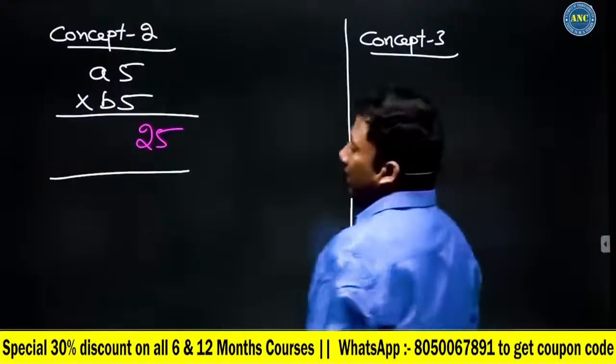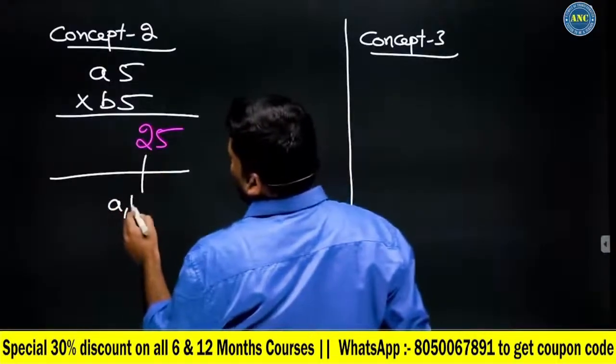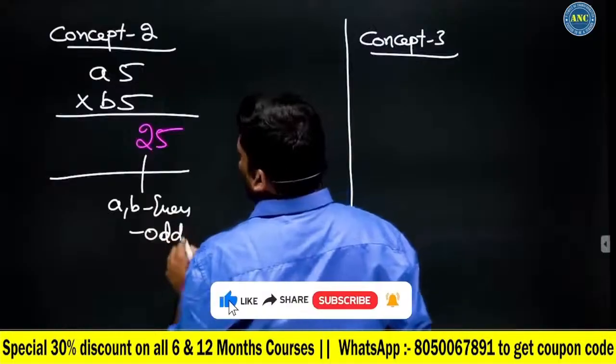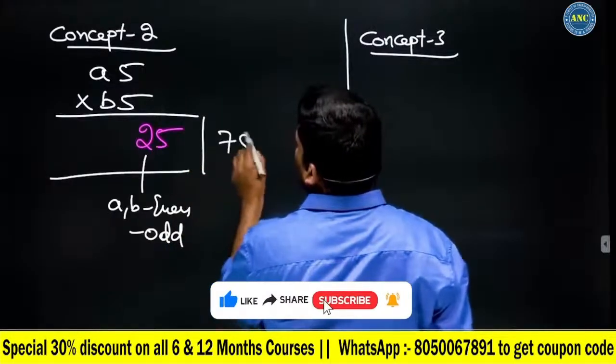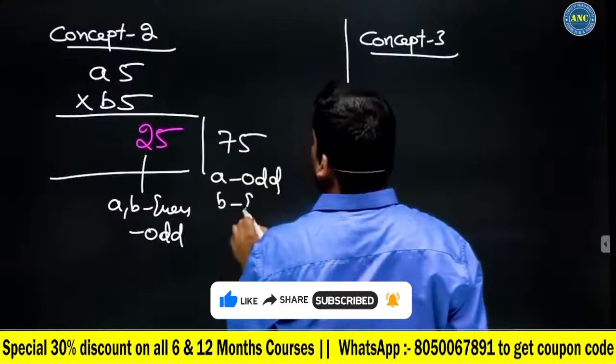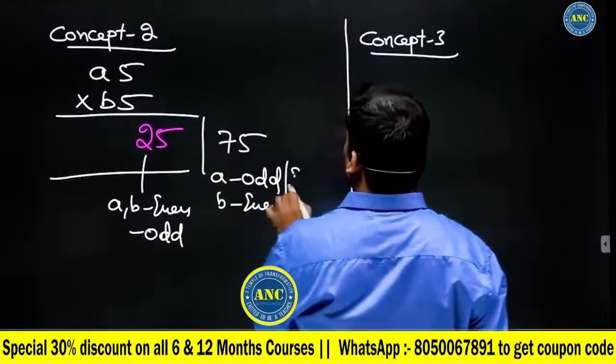A and B are even, last 2 digits will be 25. If both A and B are odd, last 2 digits will be 25. If one is odd and another is even, last 2 digits will be 75.